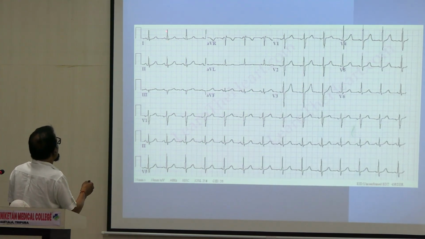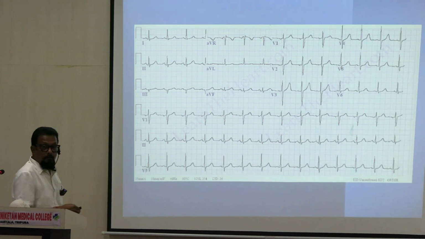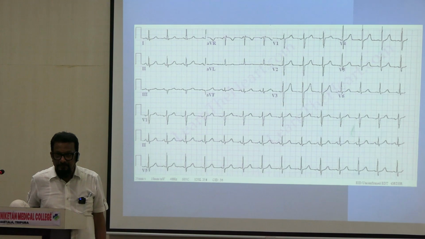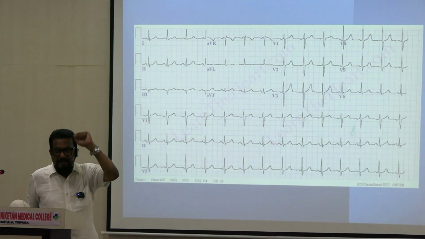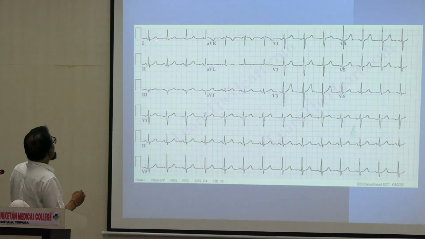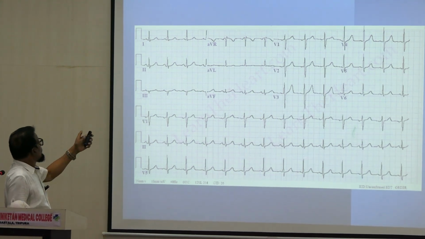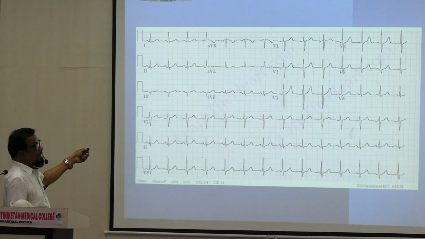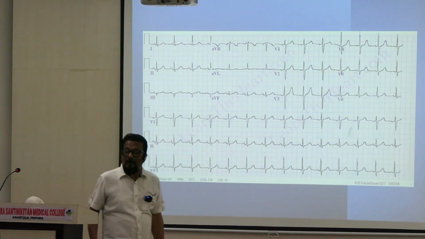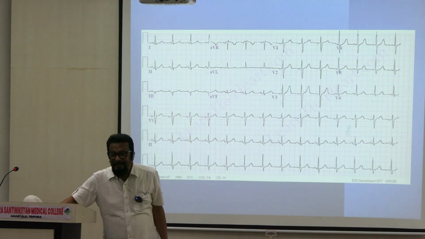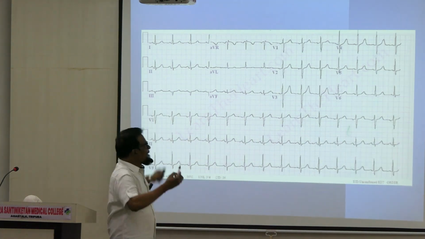From here to here, how much is it? 9 millimeter. Positive R wave is 9 millimeter and negative wave 1 mm. So 9 minus 1, 8 mm. Okay, in lead 1.